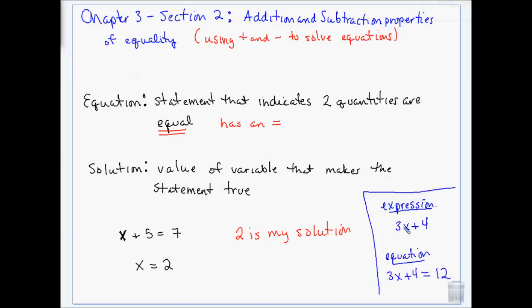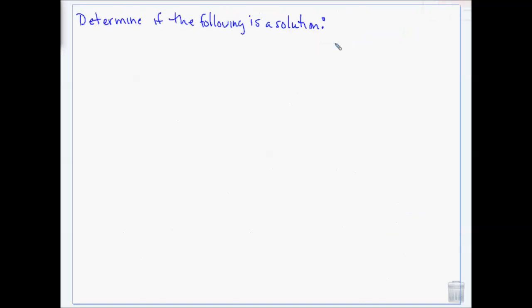So expressions don't have equal signs. Equations do. Expressions cannot be solved. Equations can. So in order to solve, you have to have an equal. Okay? I may ask you to determine if a number is a solution. Let's say I give you an equation, 2x minus 9 equals 3, and I want you to tell me, is 6 a solution?